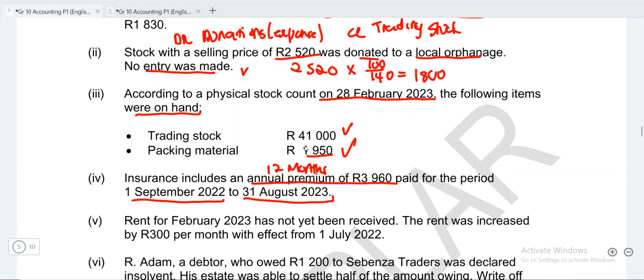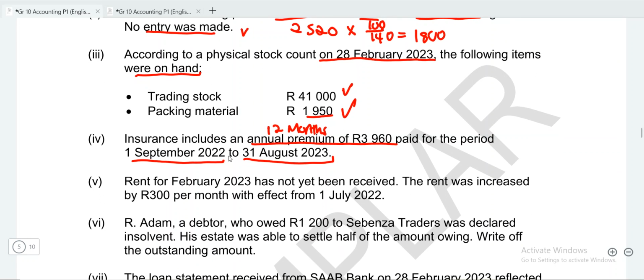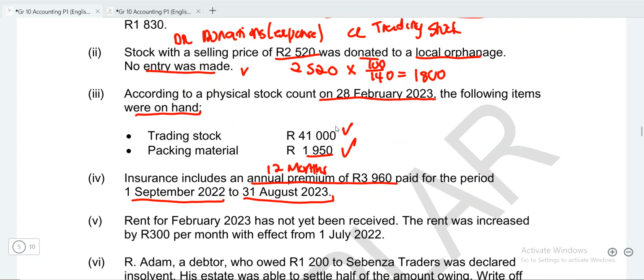So the best thing that I can do to not be confused by this transaction, I can count from February to August. Okay, so it will tell me how many months this transaction has been paid in advance by. So if I say from March up until August, I'd have March, April, May, June, July, August.